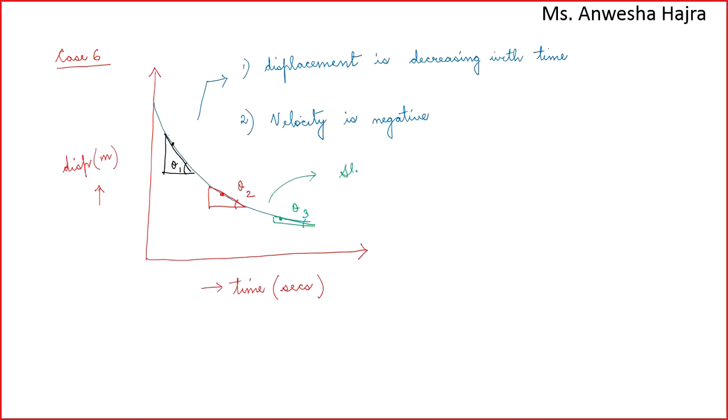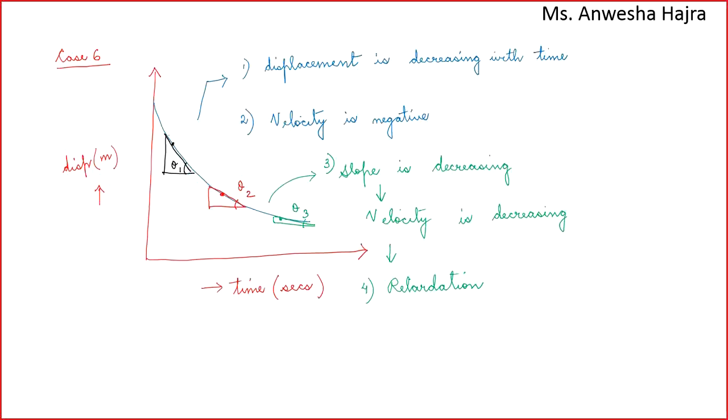Slope is decreasing. The angle is decreasing means slope is decreasing. And what does the slope give us? Velocity. So we can see here velocity is decreasing. And when velocity is decreasing, there is retardation. So this type of graph is actually showing retardation.